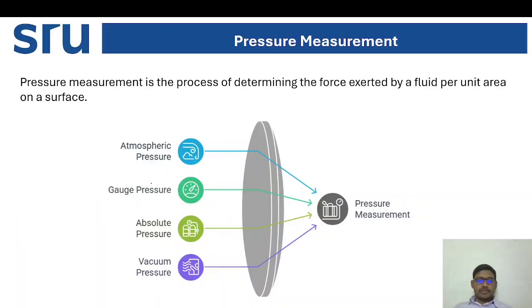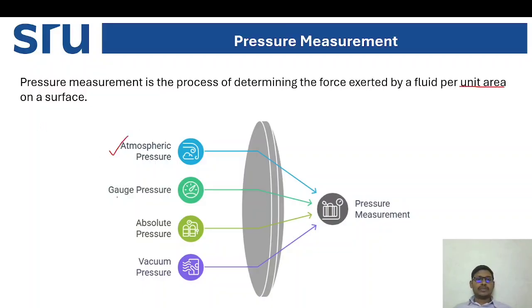Pressure measurement is a process of determining the force exerted by a fluid per unit area on a surface.